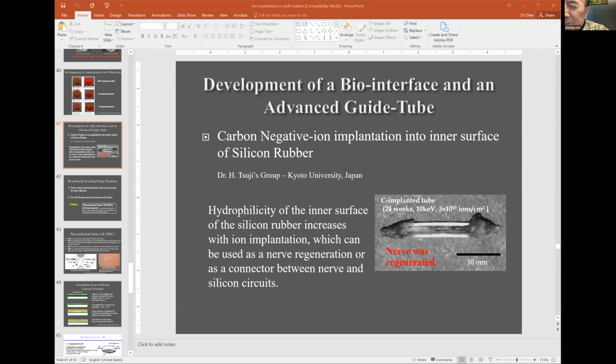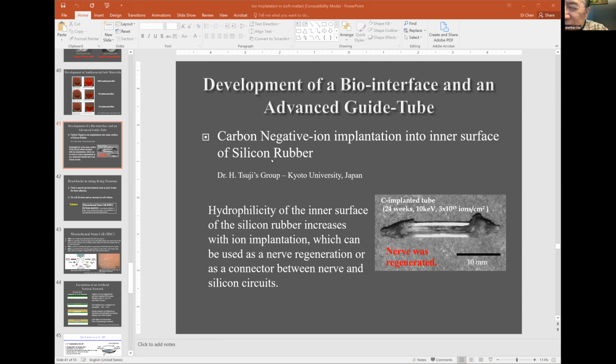Somehow they keep the mouse alive, and then try to watch the spine grow together. Of course, they cut the spine. This is a very cruel experiment. They cut the spine and then separate it by a small distance, a millimeter or so.